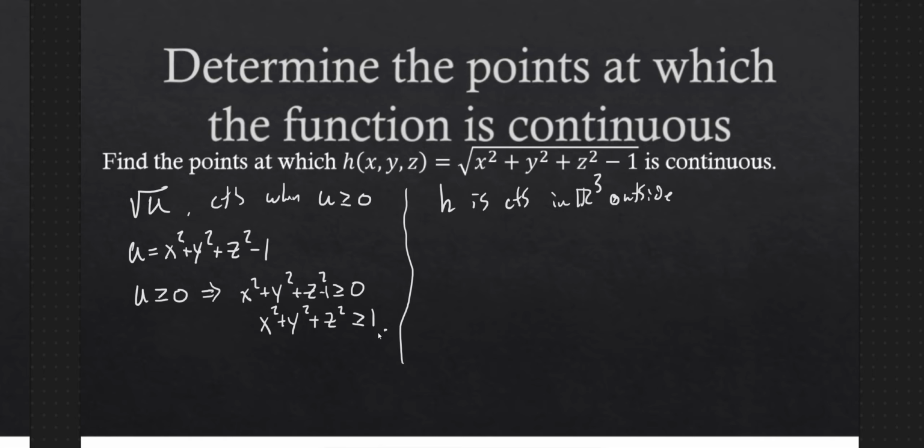So this is all the space outside of a ball of radius 1. That's the idea here. So everywhere outside of a ball of radius 1 centered at the origin, our function will be continuous. So that's pretty cool.